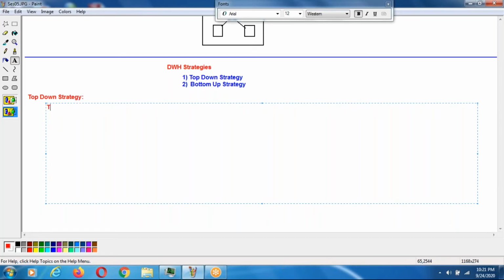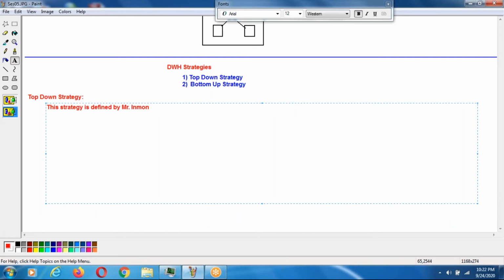So the top-down strategy is defined by Inmon, a database expert. He defined this particular strategy called the top-down strategy. Strictly speaking, the complete data warehouse theory was introduced by this person, Inmon. So we usually call him the father of the data warehouse.